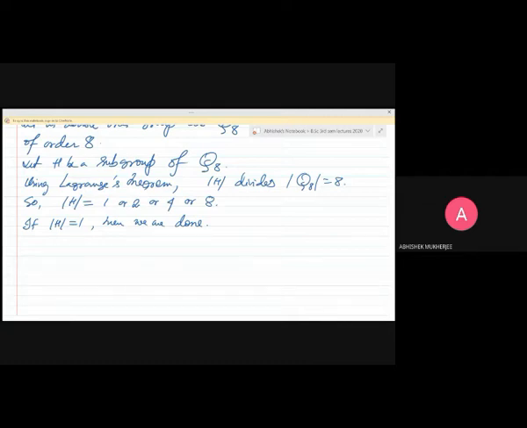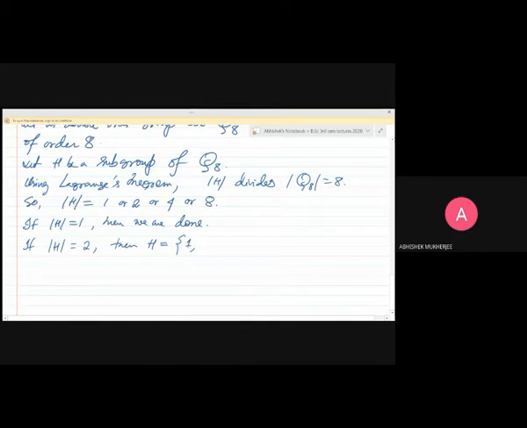Now if the order of H is 2, then H can be written as the identity, so here the identity is 1, sorry.